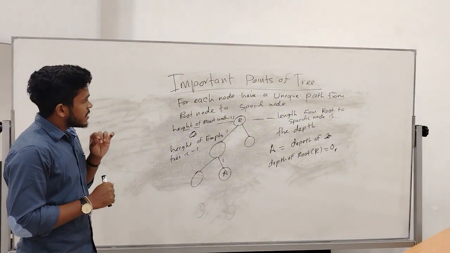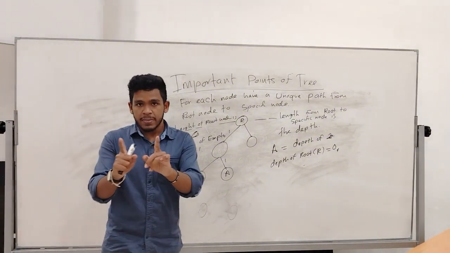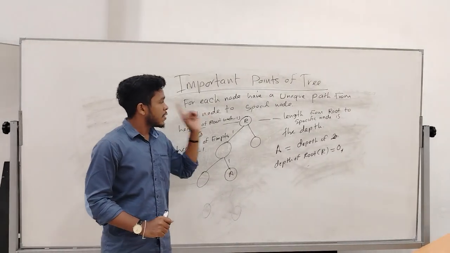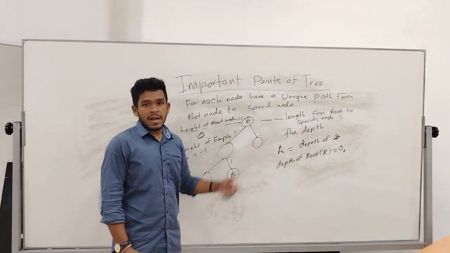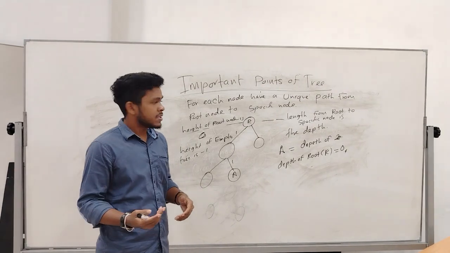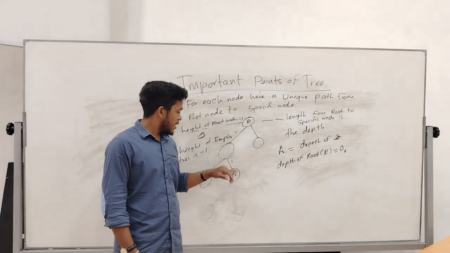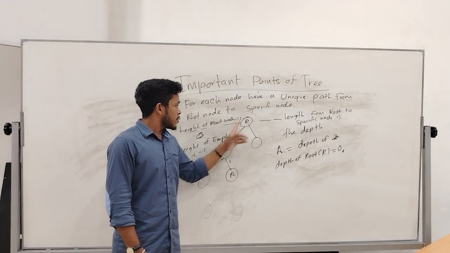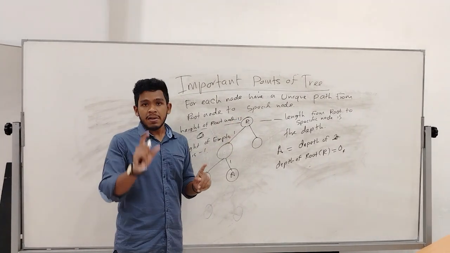So for a quick summary, all nodes can have 0 or more child nodes, but the root node doesn't have a parent node.